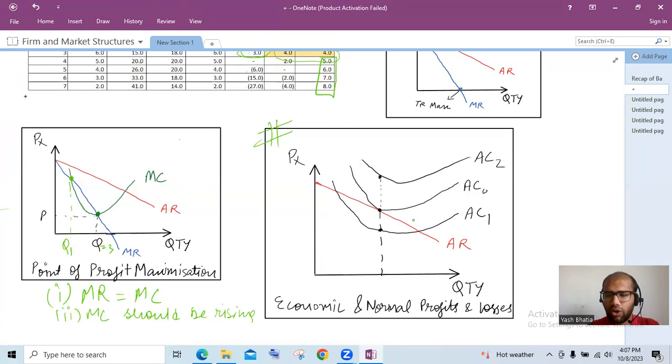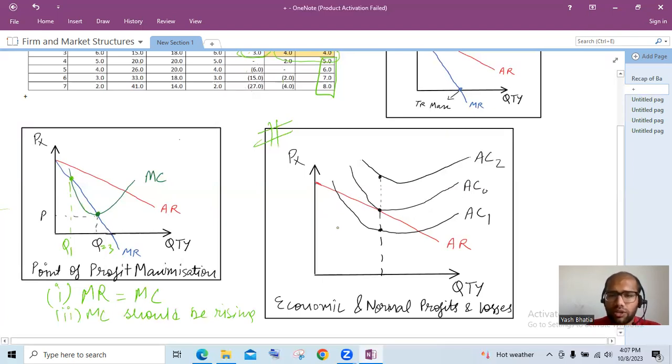Here we are using the average cost and average revenue approach. You can see this is the AR shown in red, and this is the first scenario, where our AC0 curve cuts the AR curve at this point at the lowest. Now, how do we calculate profits? This is average revenue minus average cost.